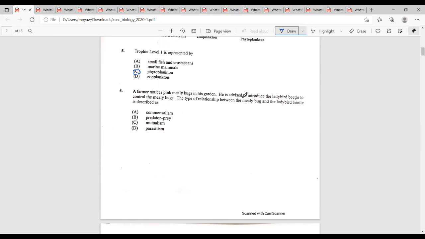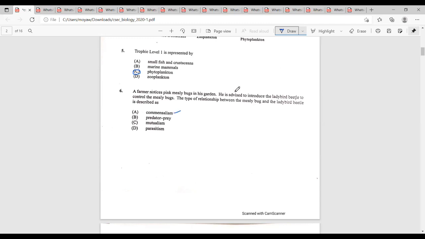So now the type of relationship between the mealybug and the ladybird beetle is, so commensalism. Commensalism is a relationship in which one organism benefits and the other does not. So we can keep that for now.